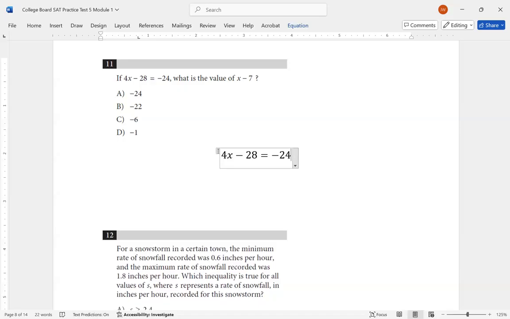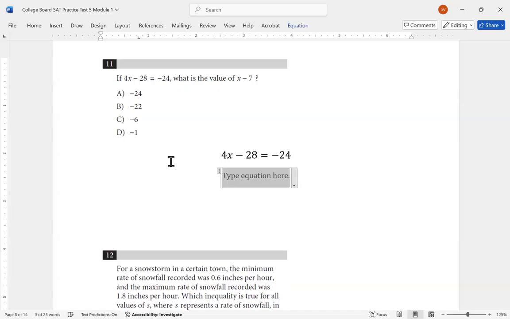Instead of finding the value of x, I would just realize that if I factor out a 4 from the left-hand side, I end up with 4 times the quantity x minus 7. So if you can see that, then you can do it this way.